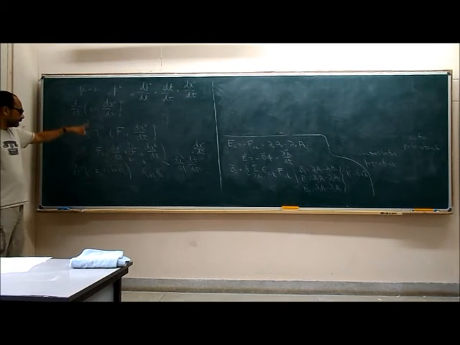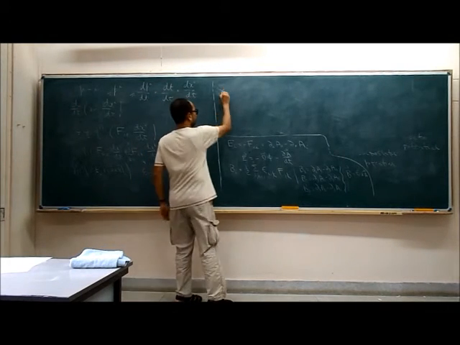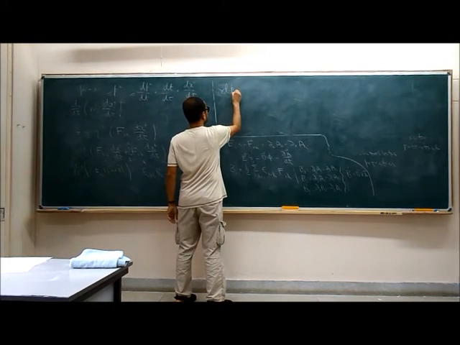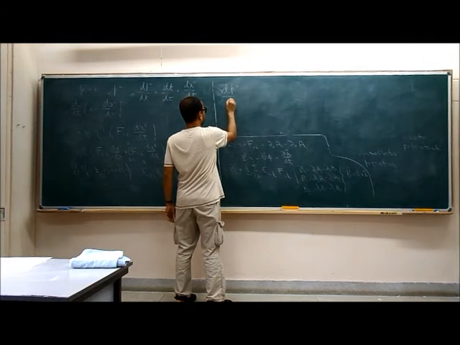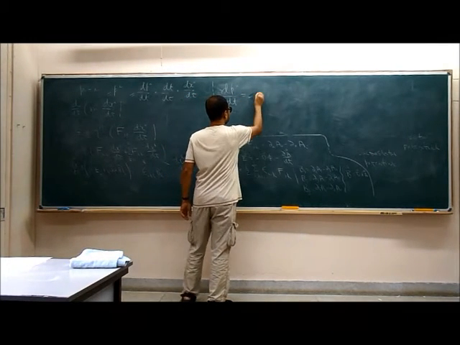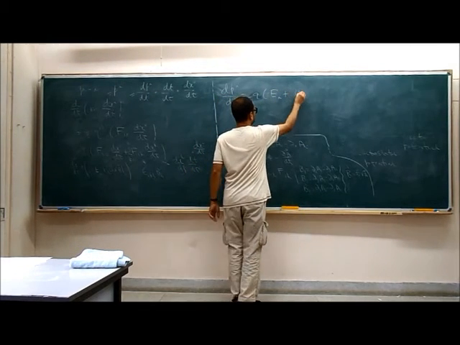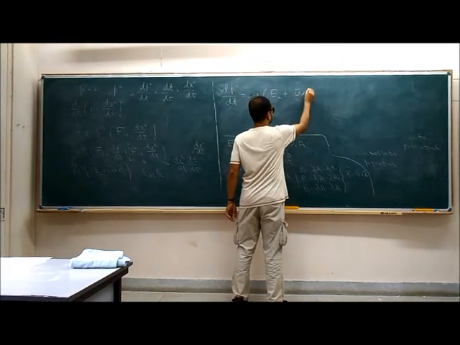This is exactly the Lorentz force law, dpi/dt. So you get dpi/dt, but here upper or lower makes no difference. It is q times (E plus v cross B).